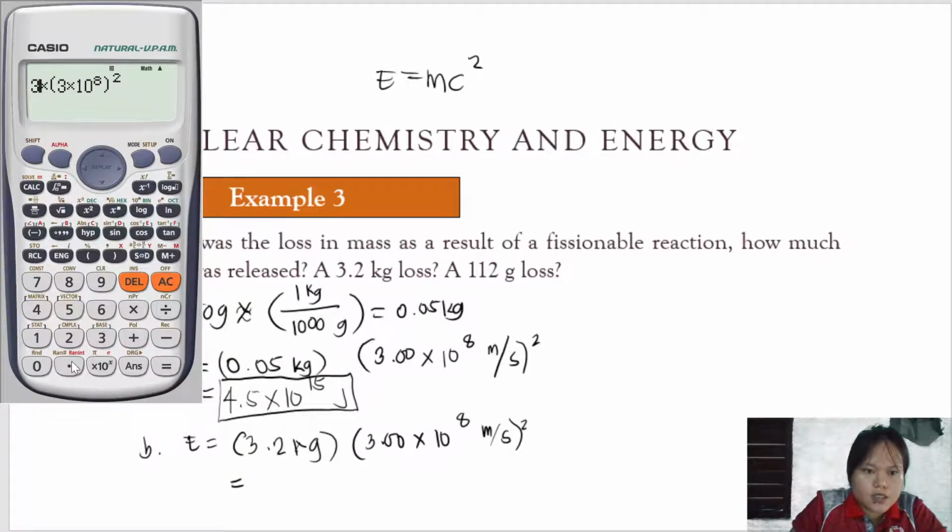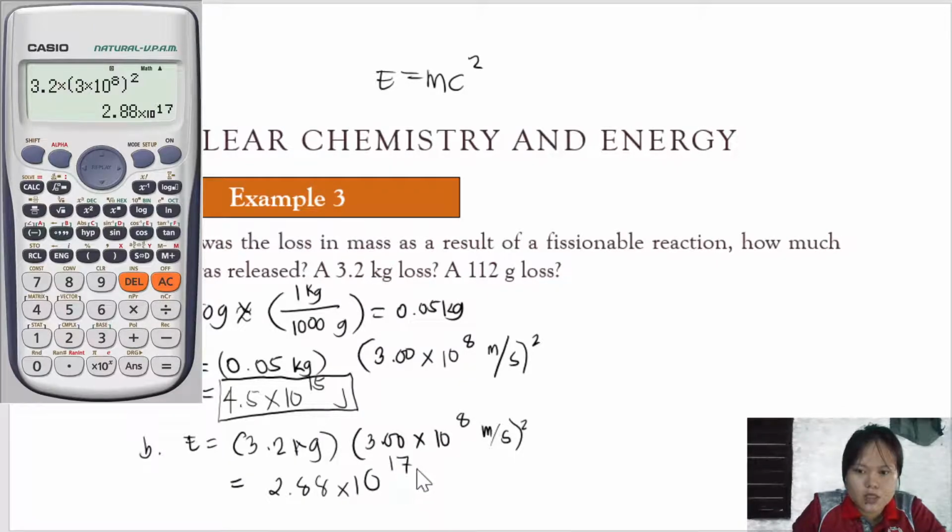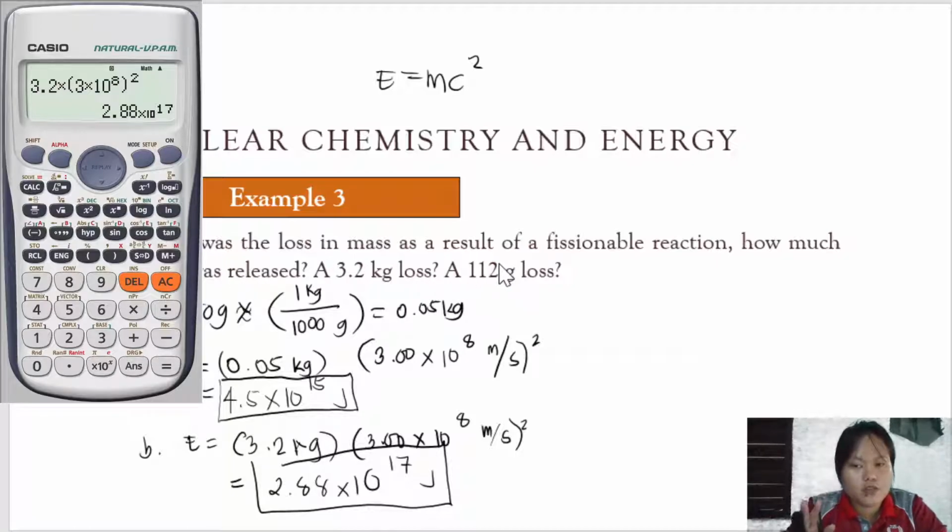So that's 2.88 times 10 raised to 17 joules. So, rechecking kung joules lang talaga, wala naman siyang hinihinging specific unit of energy. So, I would settle for the general unit of energy, which is joules.